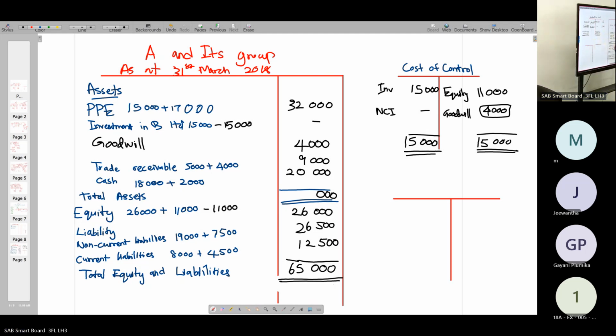Again, 65,000 balance. Very simple question. Very simple question. Total assets should be equivalent with total equity and liabilities, 65,000.